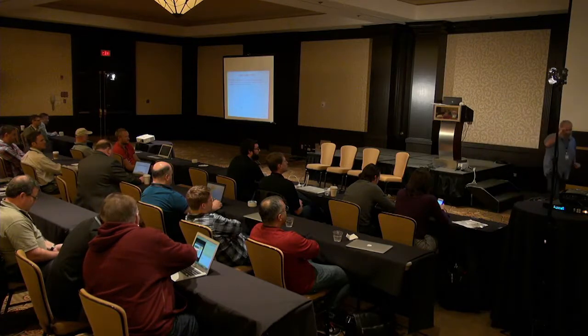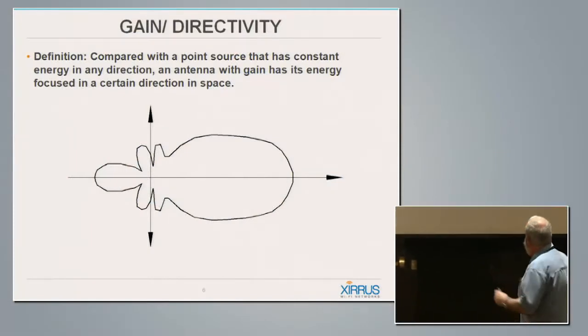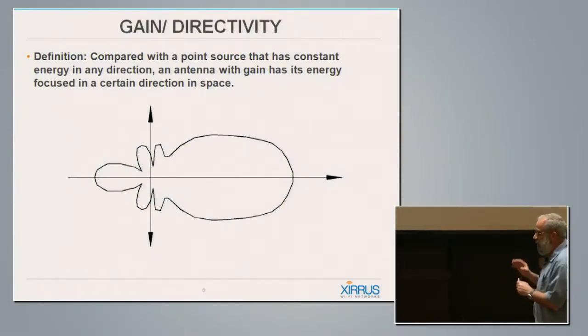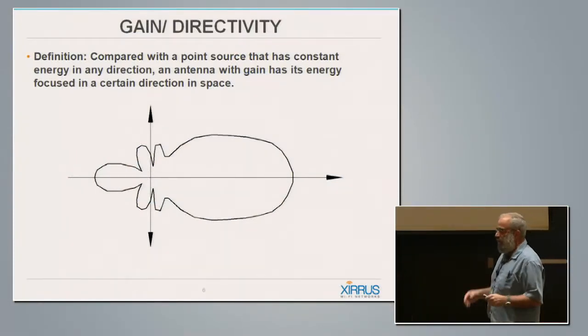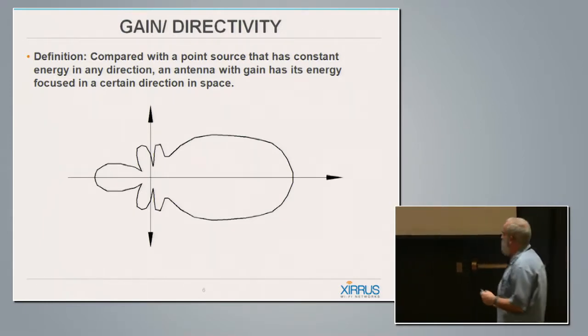When we talk about antennas, there are a couple of terms that are critical, and one of them is antenna gain or directivity. Directivity and gain are related, only directivity is the more ideal number that doesn't take into account some of the inefficiencies within the antenna.